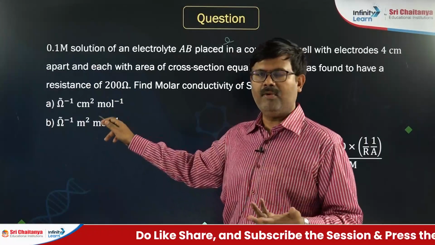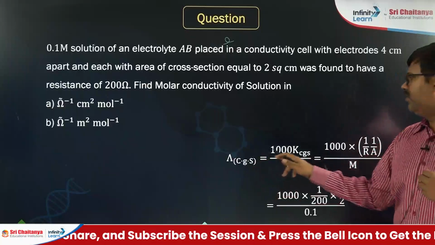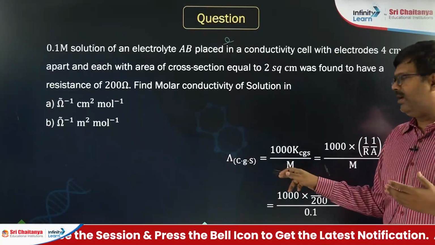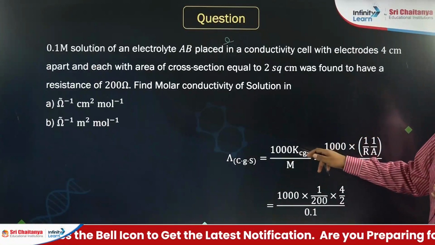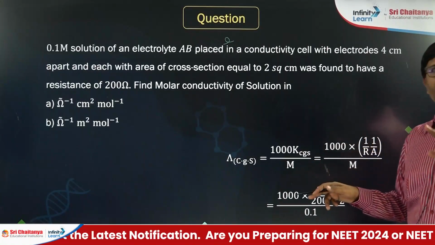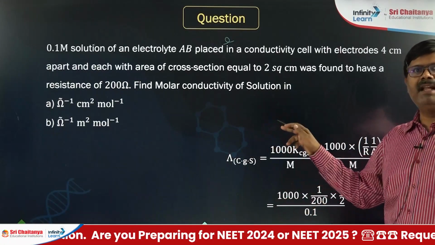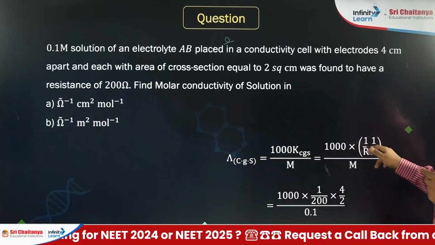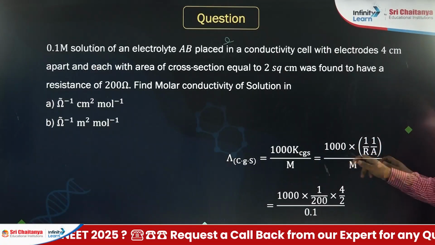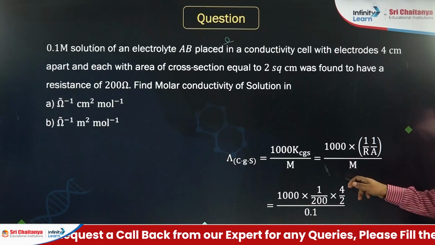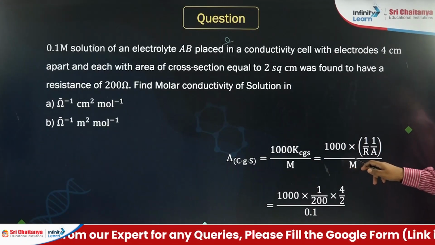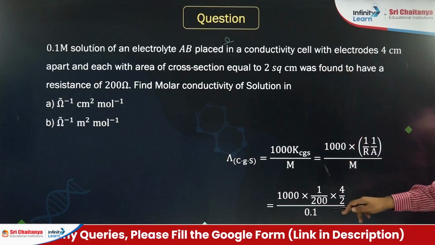Well, they may ask anything among these. Now lambda is equal to 1000 K by m. We know this formula. Now substitute the K value. K value is 1 by R into L by A. Resistance is given, L is given, A is given in the question. So 1 by R into L by A, that is the K, divided by molarity. Molarity is also given in the question, in the beginning only, 0.1 molarity.